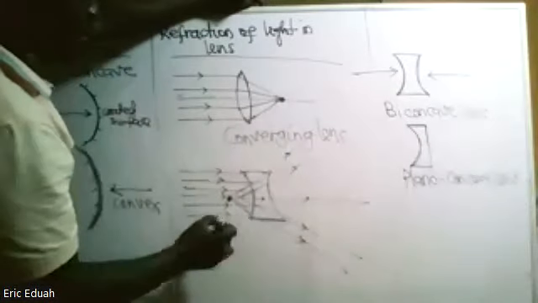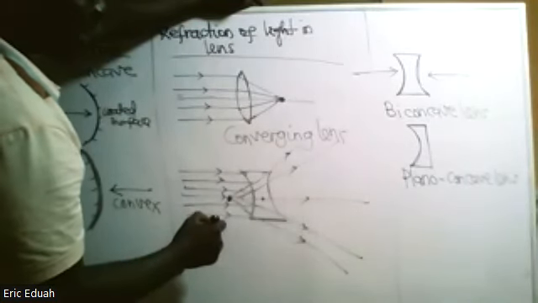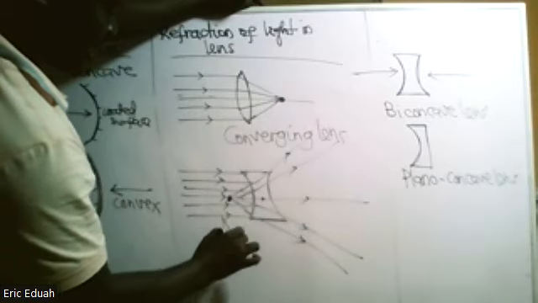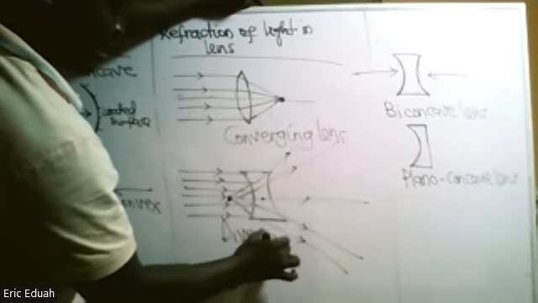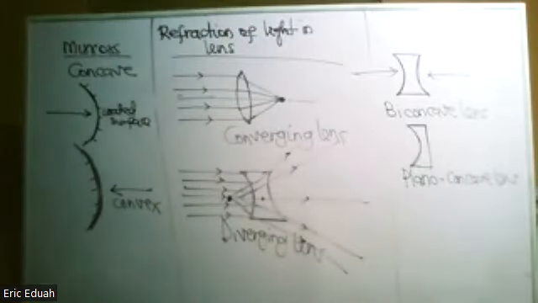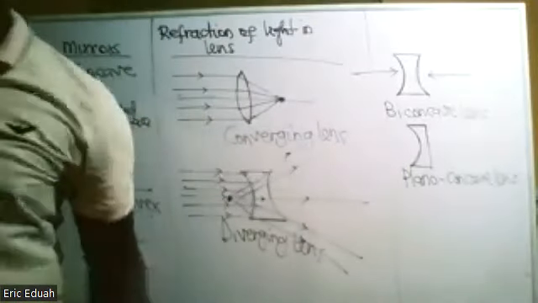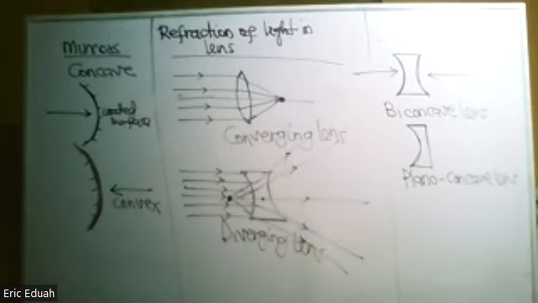So this is the reason why concave lenses are termed diverging lenses, because they diverge a beam of light, spread out a beam of light. Are we fine? Yes, please.